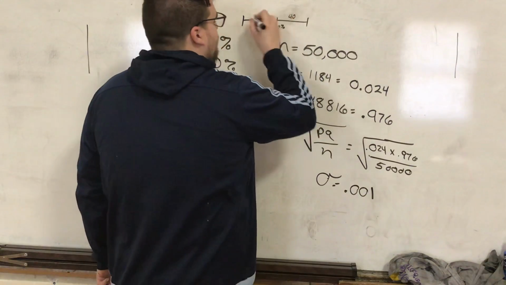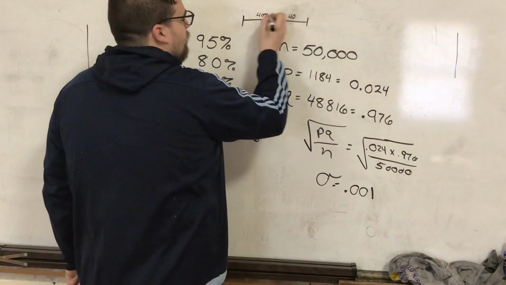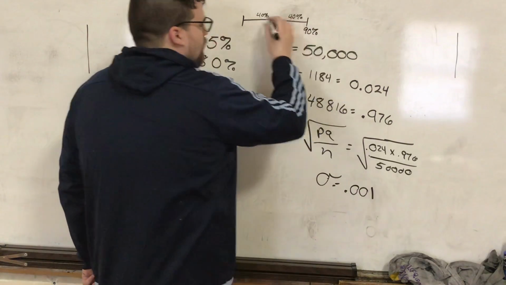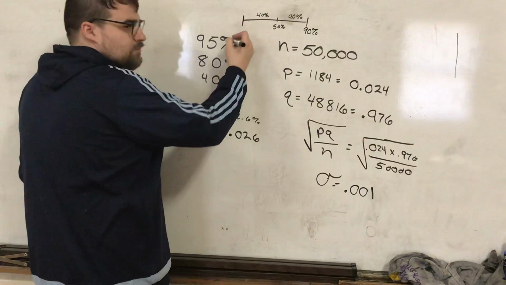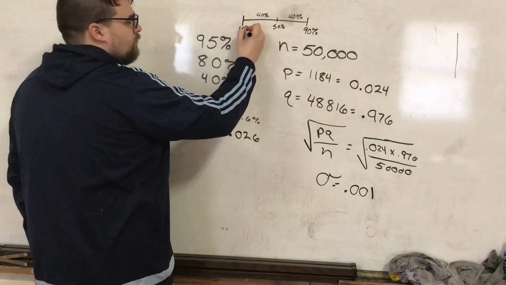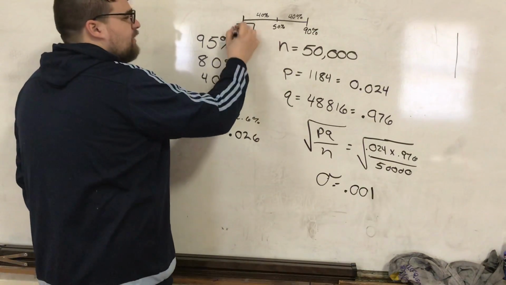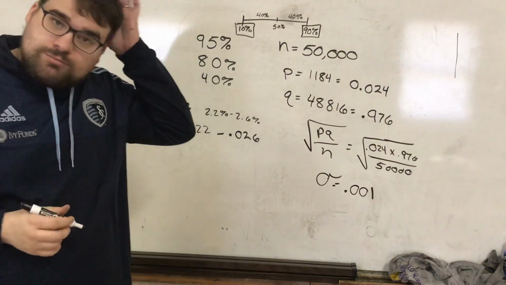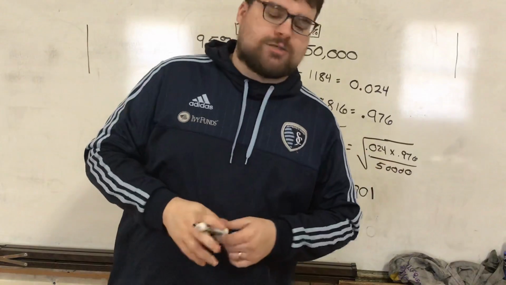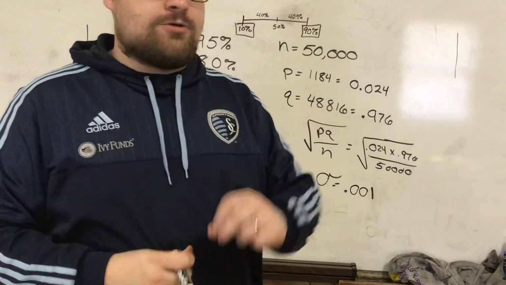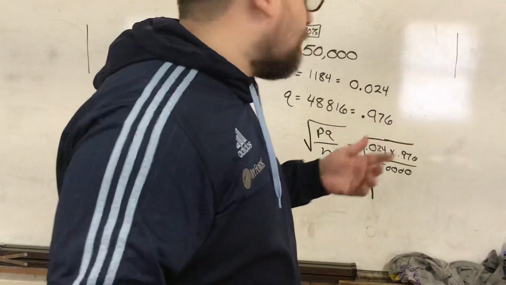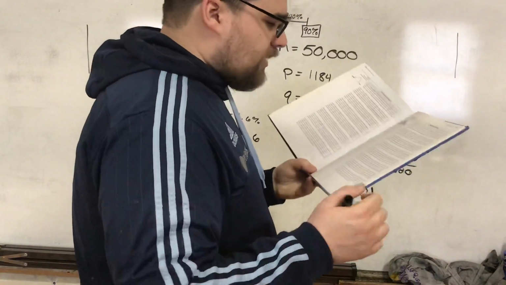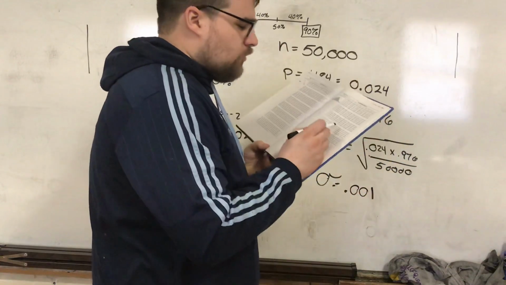I have 40 above, 40 below. Well, 40% above 50 is 90%. 40% below 50 is 10%. So we are going to be looking for the z-score of 10% or 90% to figure out how many standard deviations away it is. Now I always like to just look at the upper one.